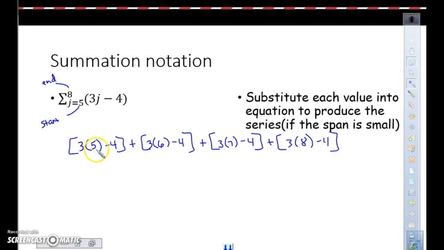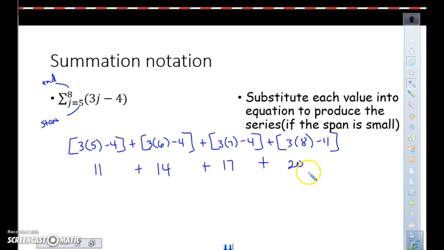So this would be 15, and I suppose it's 11, 14. No, I'm sorry, that's not right. Yeah, 17, and then 20. Also, keep in mind, see how the slope of this equation is 3? That tells you that you're going up by 3 to get to the next term.